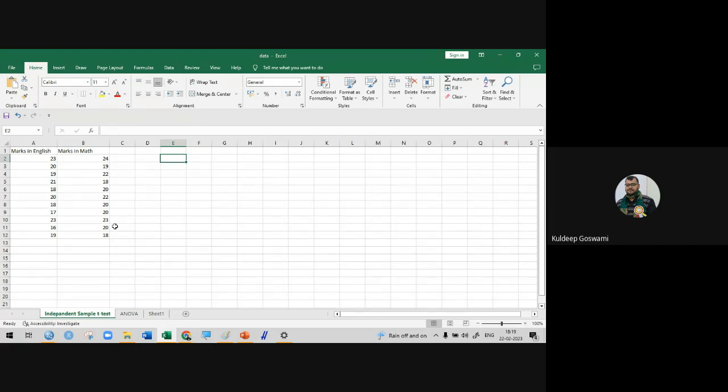But in this case, the marks of English and maths are for the same persons. Then how will we analyze? So then I think the grouping variable will be the subject. Yes, group 1 definitely. The grouping variable will be the subject, so that we can draw some conclusion.